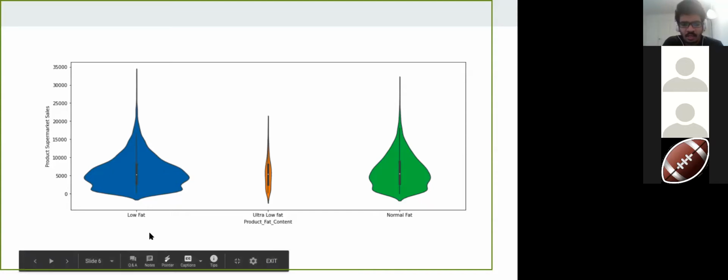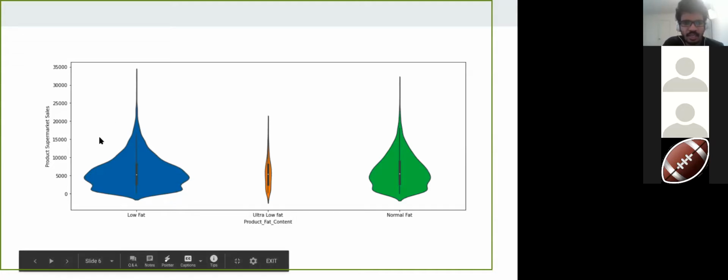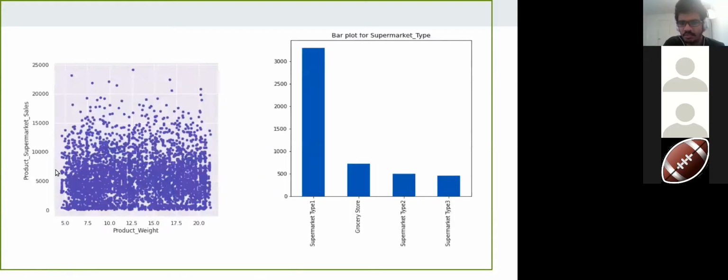So what we couldn't gauge from the earlier slides was, for each category, how the supermarket sales are affected, right?